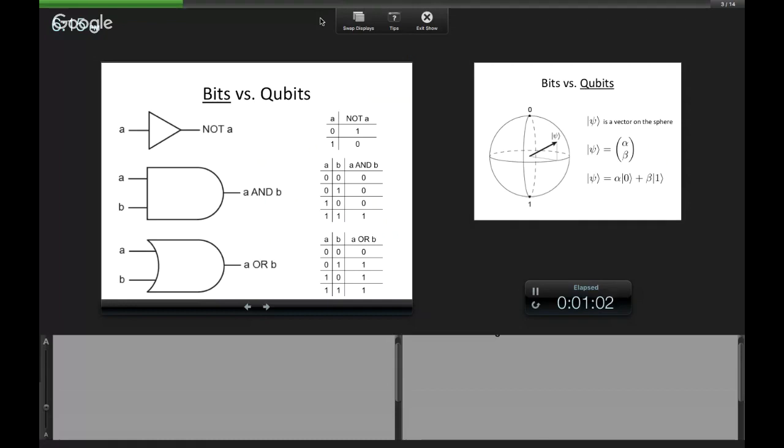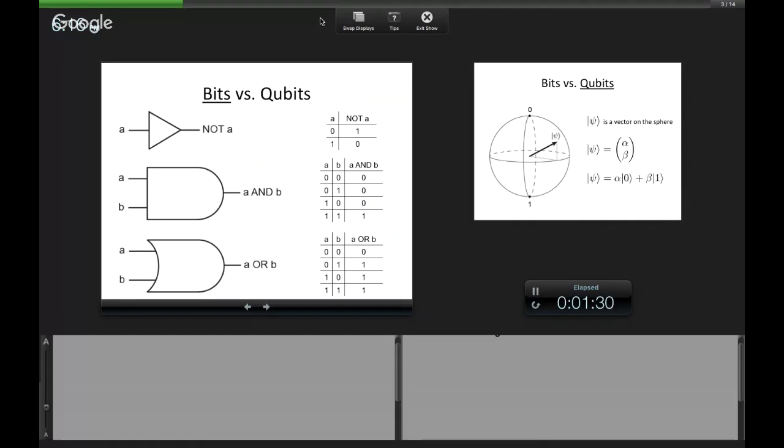You can do the NOT gate, which just reverses the value, changes a 0 to a 1 and a 1 to a 0. Eventually you need to compare two bits to do any kind of computing. There's an AND gate, and the truth table on the right looks like this. It only outputs a 1 when both bits are 1. And then we have the OR gate, which when either of the bits is 1, outputs a 1.